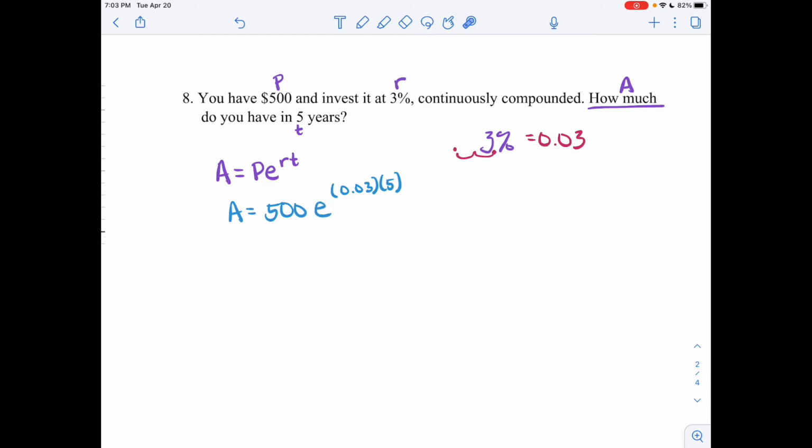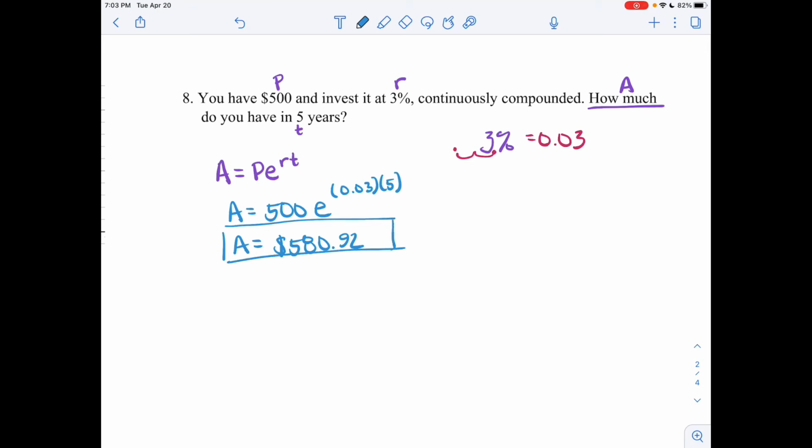Remember, you don't want to approximate E, you want to actually use the calculator value for E. So you want to use either the second and division key on your calculator or just simply type a lowercase e in Desmos. All right, and when you do that, what you should come up with is that A is equal to $580.92. Okay, that one's pretty straightforward.